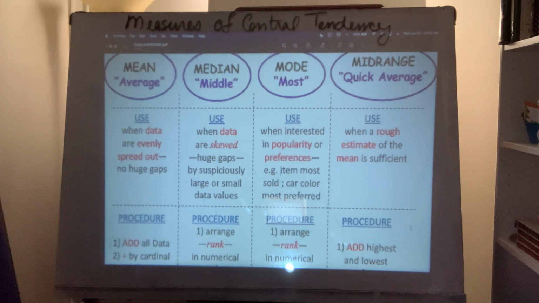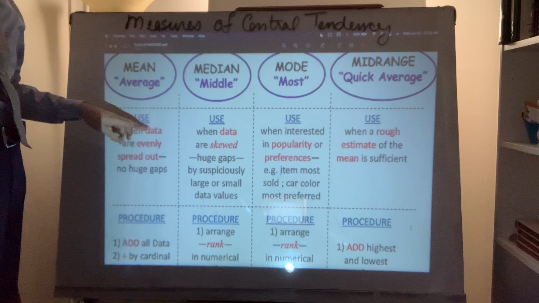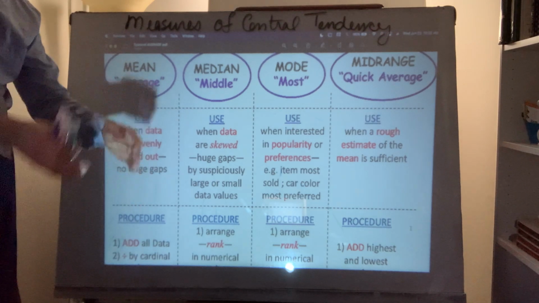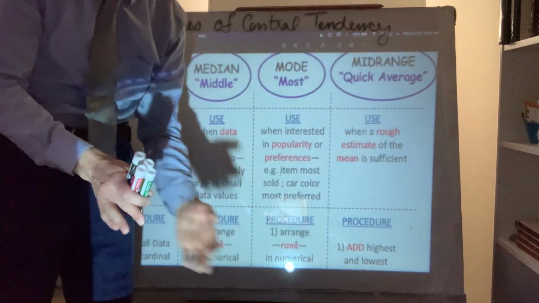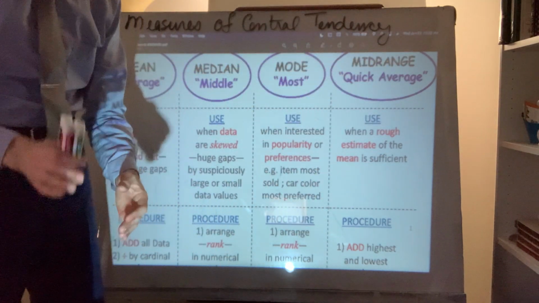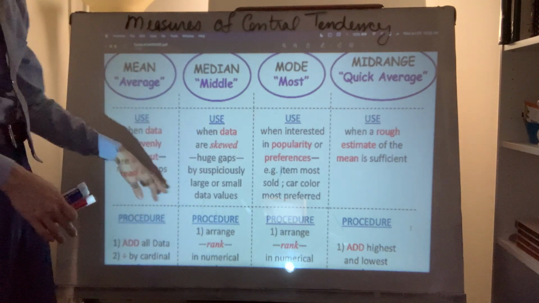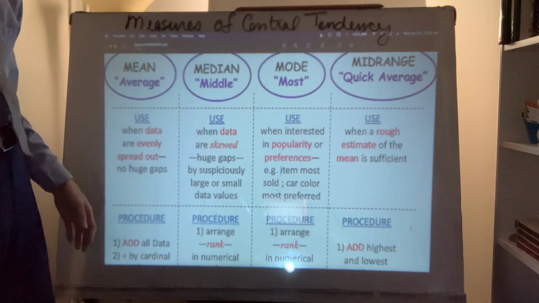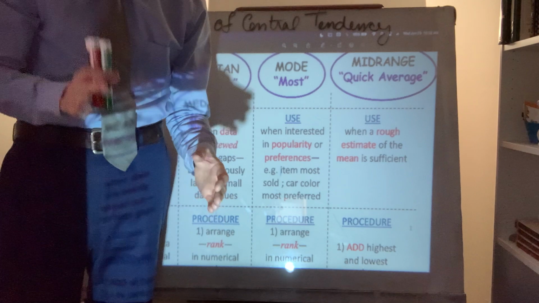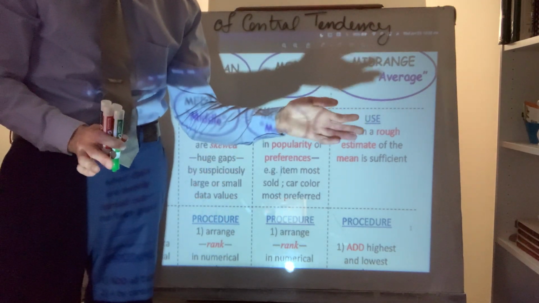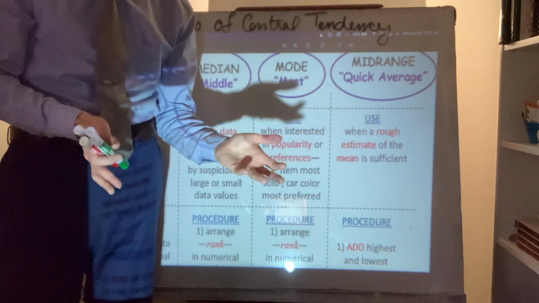All right. Now, when would it be good to use these? You use a mean when the data are evenly spread out. Right? No huge chasms in between, gaps between one number and the next. Right? What you'll see as you do a lot of these is that there are sometimes when you have a lot of numbers that are really close together, like 1, 2, 3, 4, 5, and then there's an extra number like 99, and you're like, oh, geez, that's weird, all right?